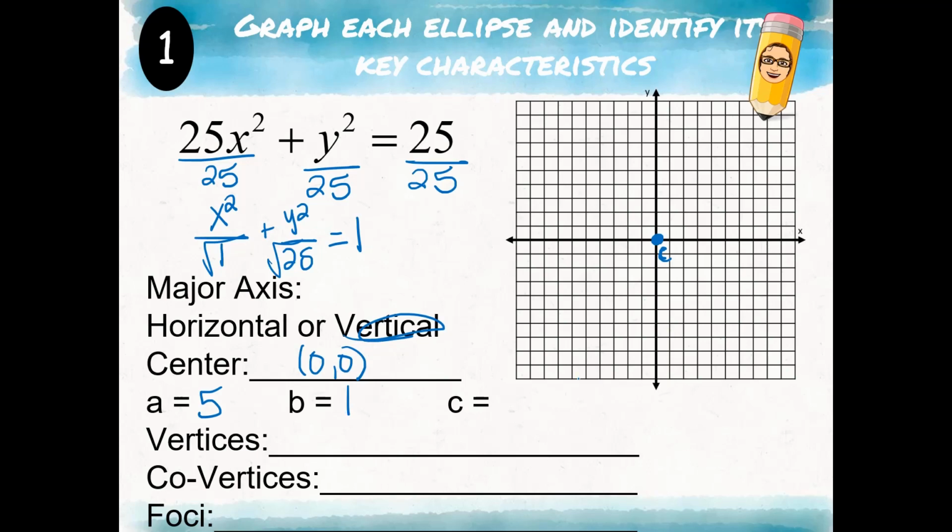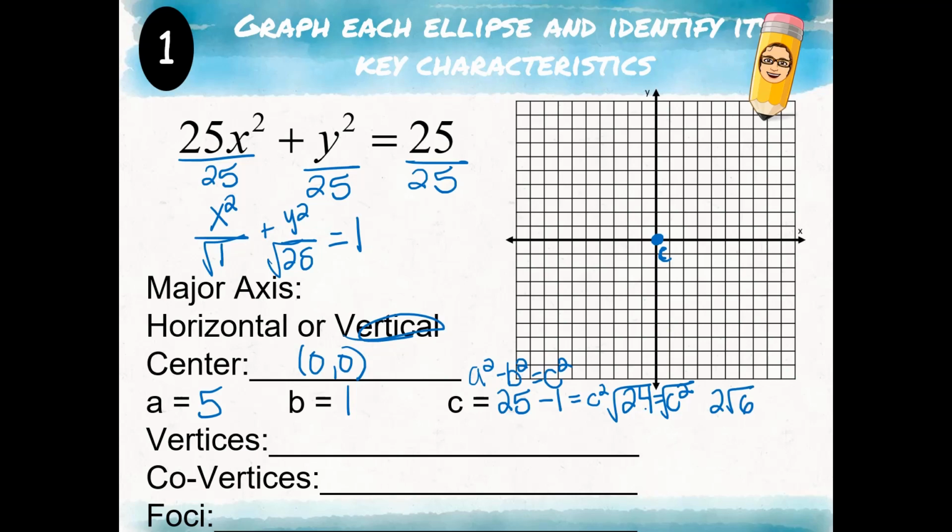And then c, we're going to use that formula, a squared minus b squared is equal to c squared. So I'm going to go 25 minus 1. That's equal to c squared. So that would be 24 is equal to c squared. Square root both sides. We are going to get 2 square root of 6, right?